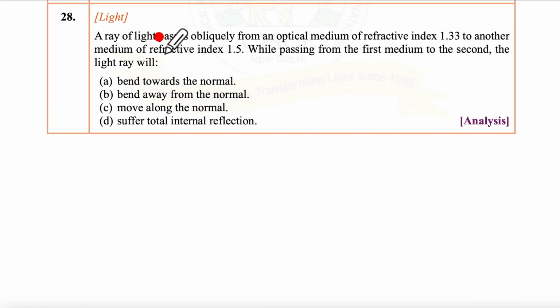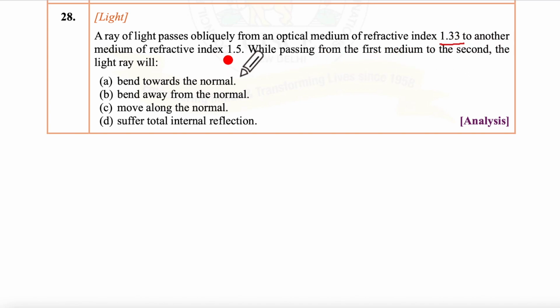Number 28. A ray of light passes obliquely from an optical medium of refractive index 1.33 to another medium of refractive index 1.5 while passing from first medium to the second.